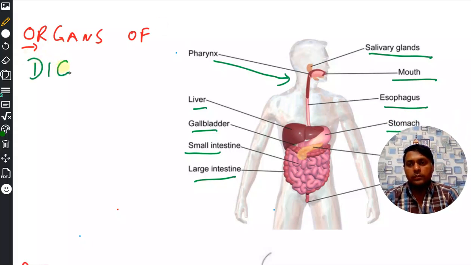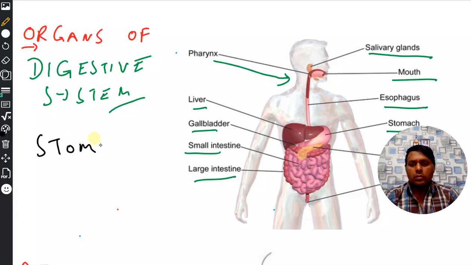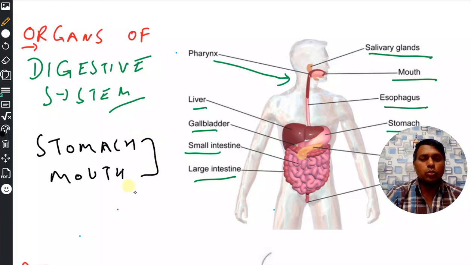What are those organs? Do you know it? You can see the names. You can see the stomach is there, the mouth is there, right? Stomach, mouth, those two things.